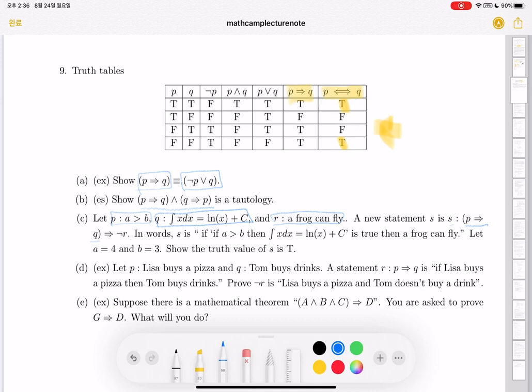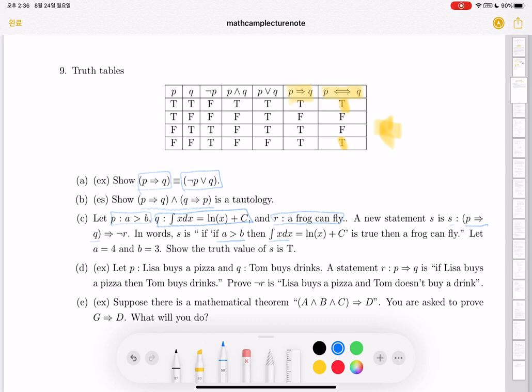It reads in words: if A is greater than B, that's P, then integral x dx is log of x plus c.